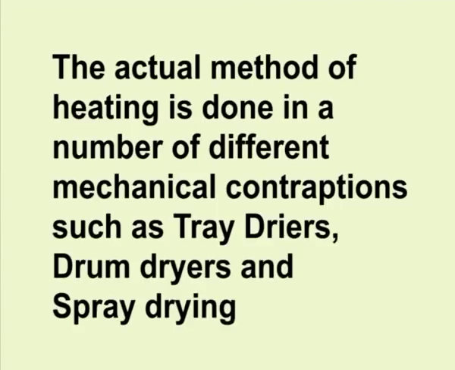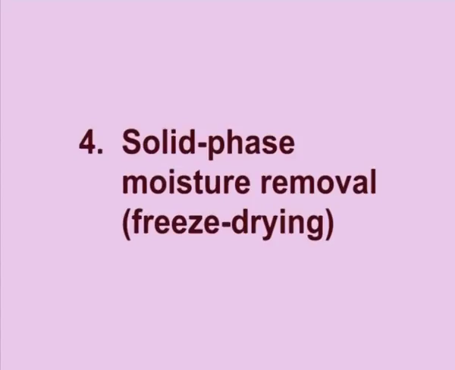Under such conditions, indirect heating from a heated surface, radiation, for example infrared, or both is used to supplement the heat introduced by reduced vapor pressure. The actual method of heating is done in a number of different mechanical contraptions such as tray dryers, drum dryers and spray drying. Solid phase moisture removal, that is freeze drying.